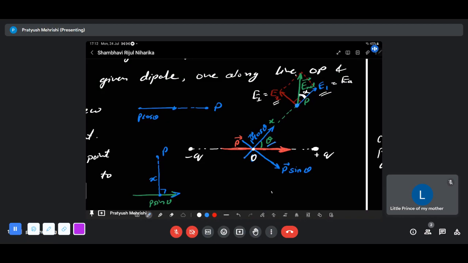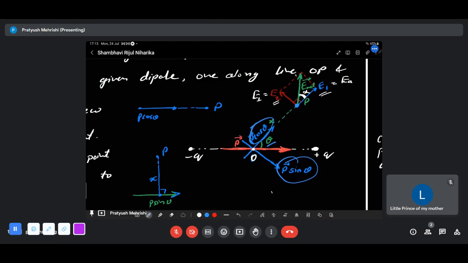One component of the dipole moment we are taking along this line OP, and another component perpendicular to this line OP. So P sine theta component will become perpendicular and P cos theta component parallel, or along the axis of the dipole.